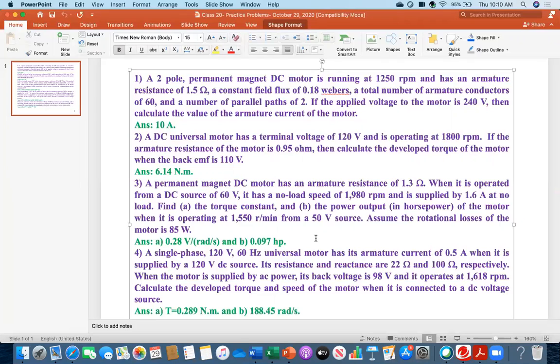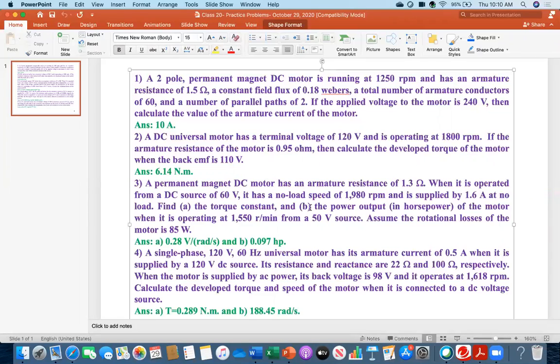So what happens to the flux when we make that change? The torque constant K1 is the flux multiplied by the armature constant. The armature constant was Z over 60 multiplied by P over A. If you multiply the flux, that gives you K1.